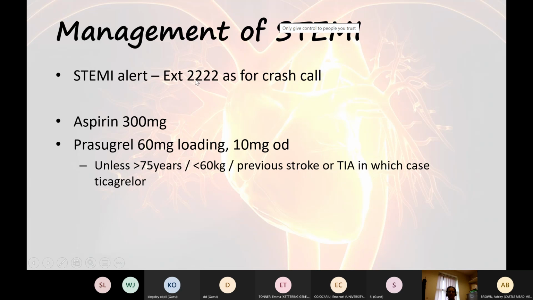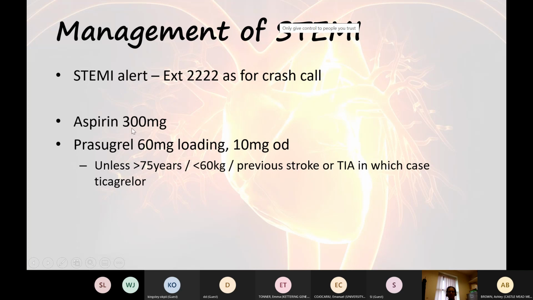The heart is dying. You can reduce the damage by getting them into the lab and having their procedure as soon as possible. So once you see an ST elevation myocardial infarction, don't hesitate. If you are satisfied with the diagnosis, put out a STEMI alert. We would much rather have a false positive than miss something.